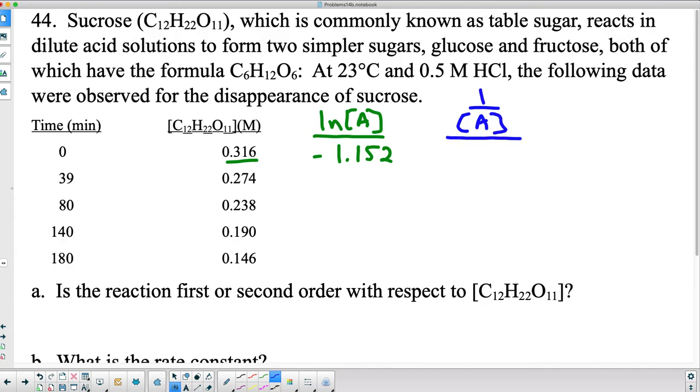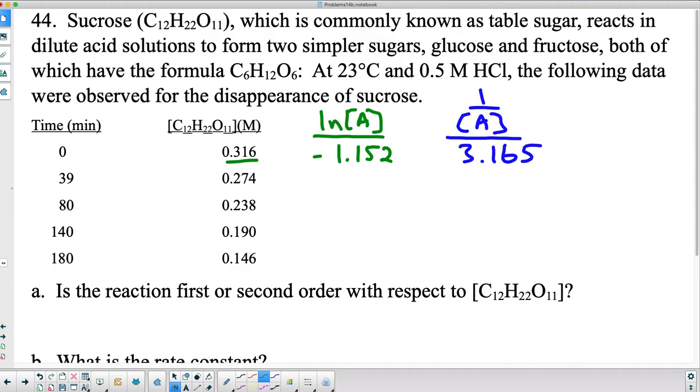And if I do 0.316 and 1 over, that gives me 3.165. Okay, so if I do that 5 times with all concentrations here, I end up with a set of values that I can then graph.